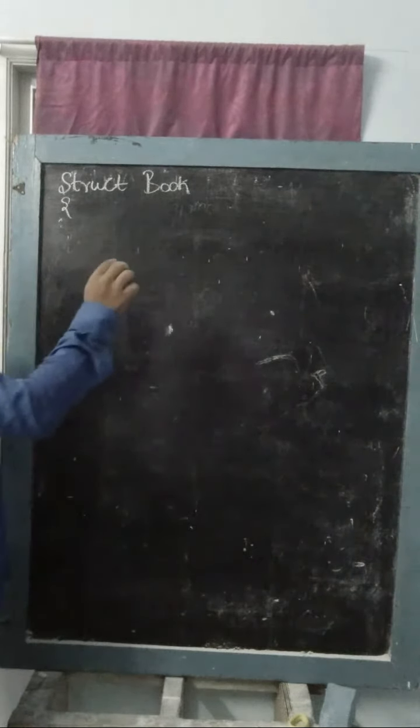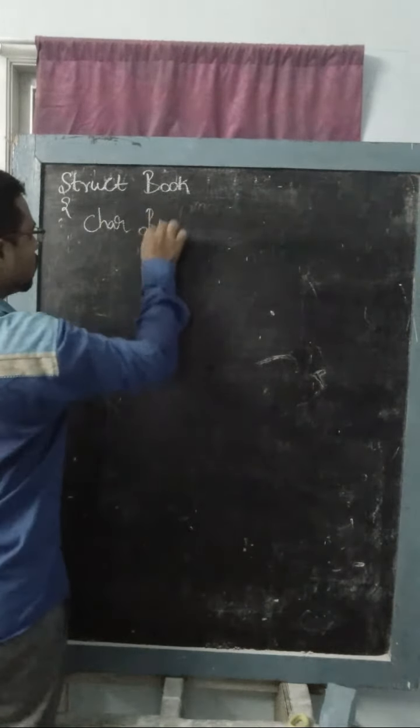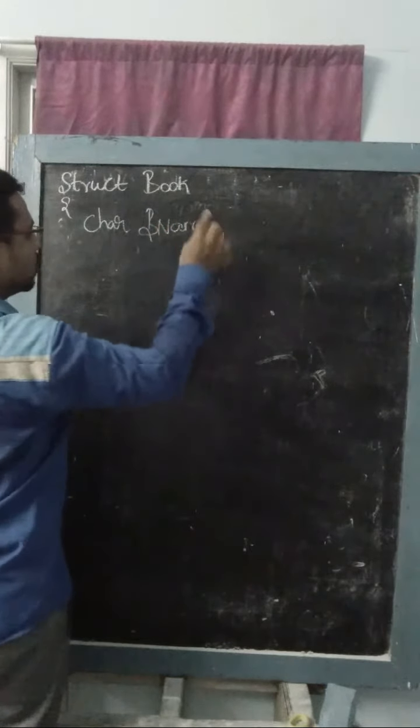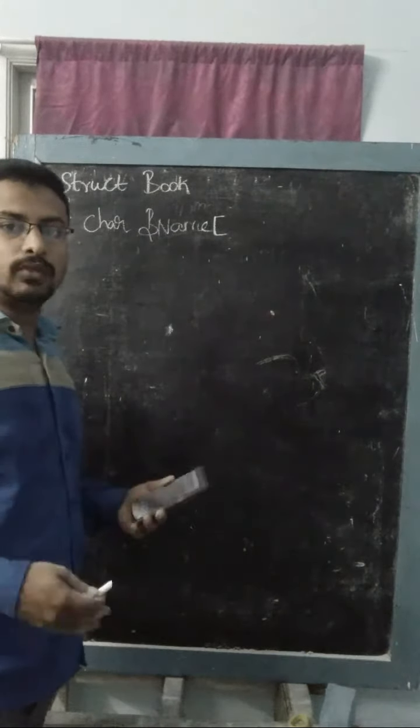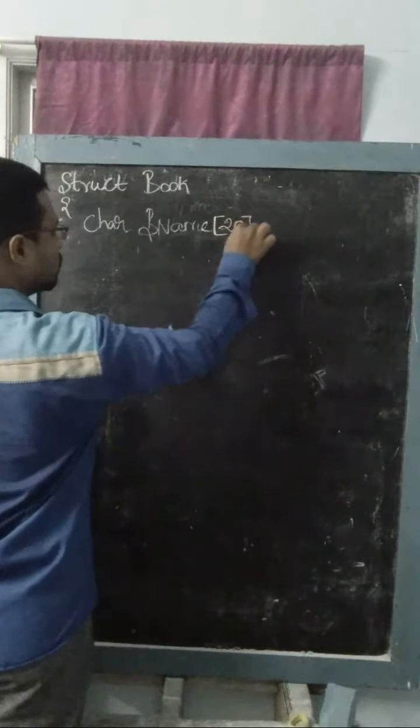Now, what is the first thing? There is the book name. Book name comes under the category of character. So BNAME should be a character array, because a book name is a collection of characters. So here we have to use a certain size.